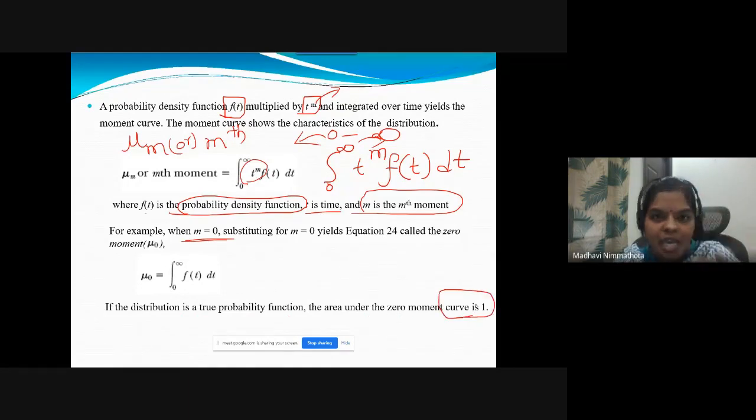See ma'am, in this statistical moment theory, under non-compartmental analysis, we are going to analyze the movement of drug molecules in our body. That means it will be totally dependent upon the elimination factor of a drug. So we are taking into consideration all the drug molecules which we injected.